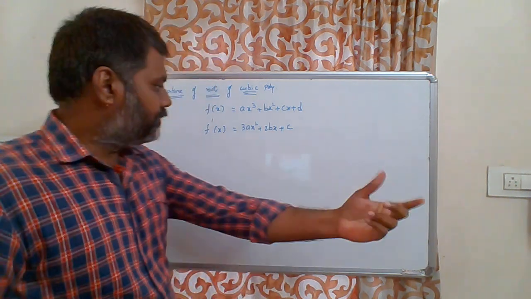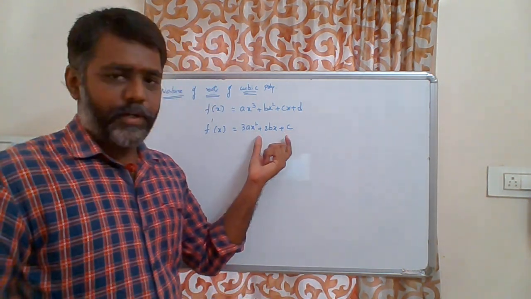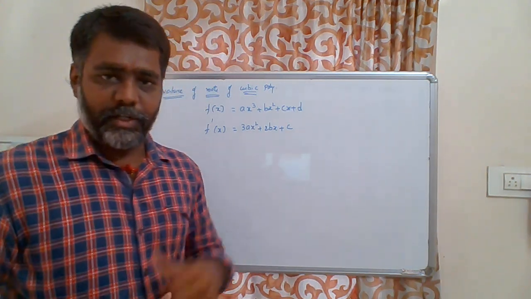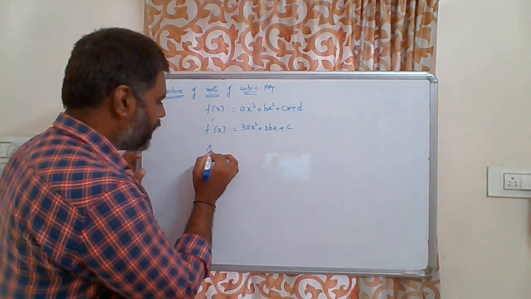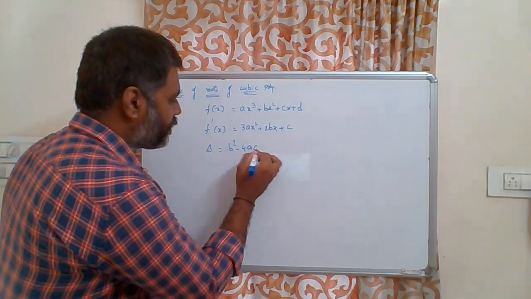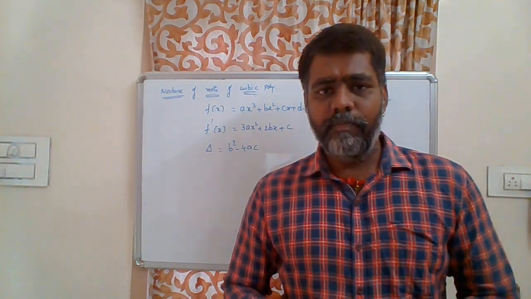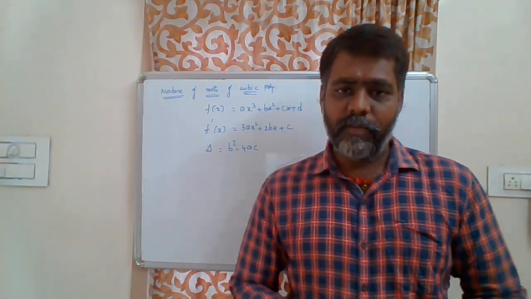Now how to check the nature of roots of the quadratic? By using the discriminant of the function. What is the discriminant of the quadratic? It is nothing but delta. Delta means b square minus 4ac. By using the delta value we can conclude the nature of roots of the quadratic function.